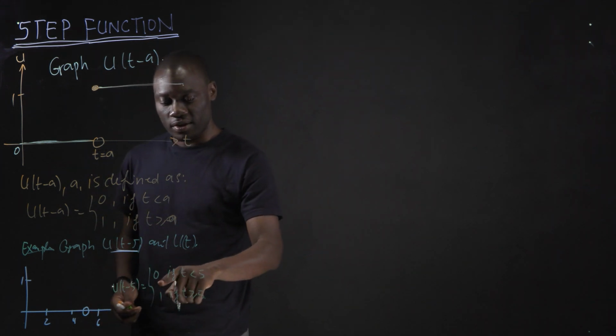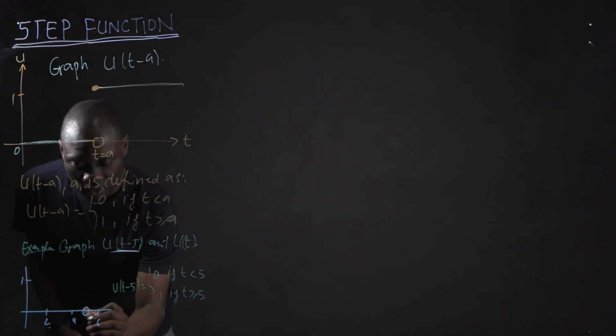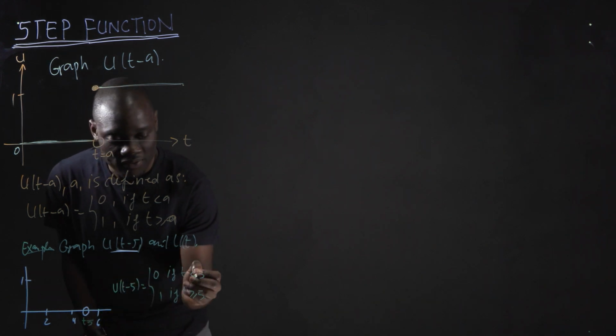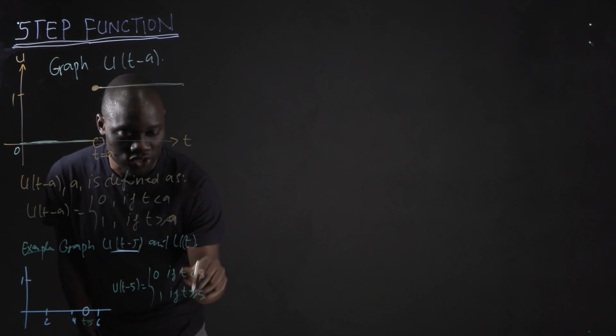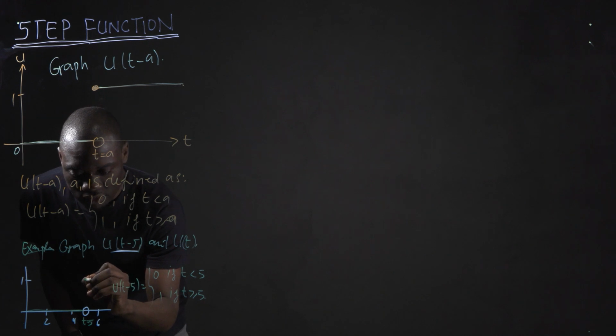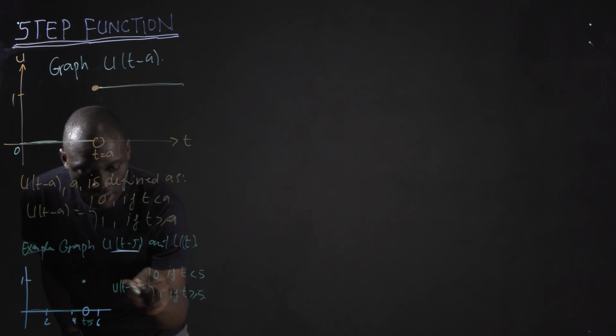So 0 if t is less than 5. At t equal to 5, I have an empty circle because 5 is not included. T is strictly inferior to 5, so 0 on the x-axis, and then 1 if t is superior to 5.